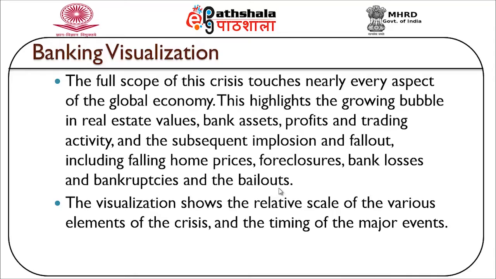This highlights the growing bubble in real estate values, bank assets, profits and trading activity, and the subsequent implosion and fallout, including falling home prices, foreclosures, bank closures, bankruptcies and the bailouts. The visualization shows the relative scale of the various elements of the crisis and the timing of the major events.